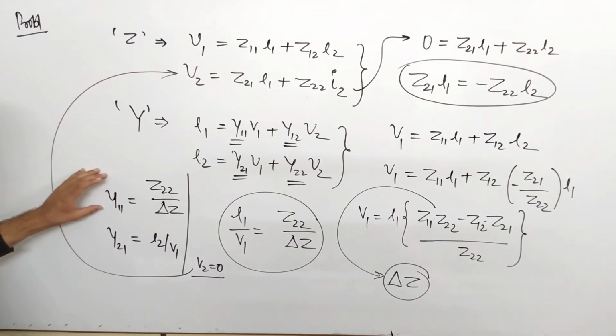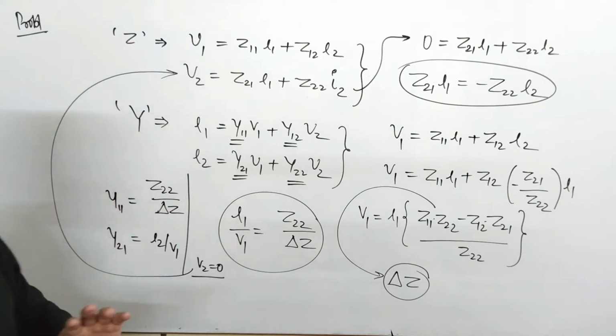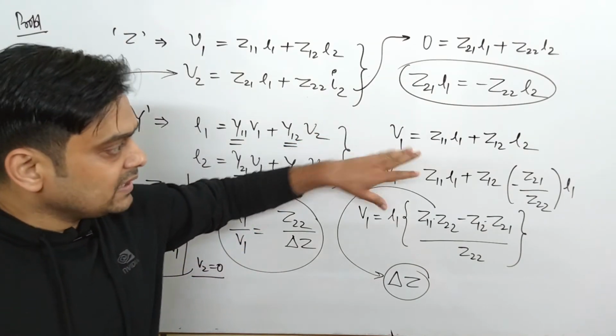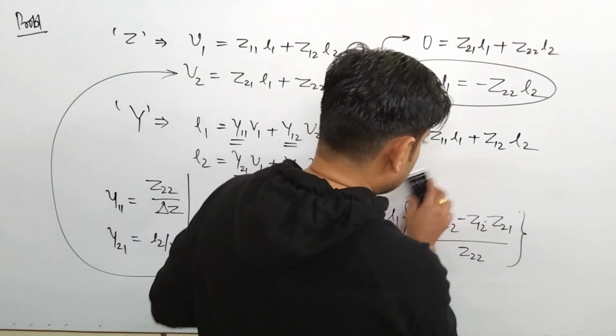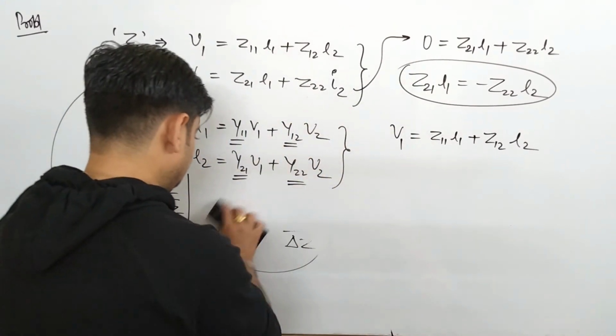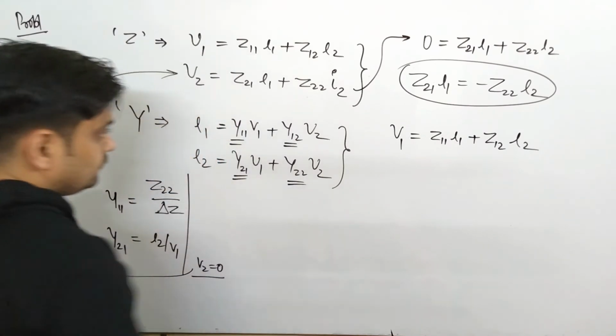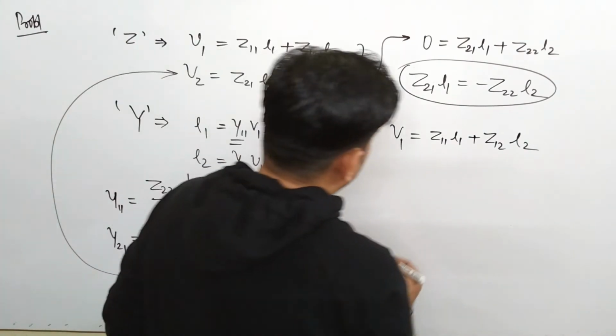This is the way we find the parameters. First we found Y11. Now we'll go for Y21. For finding Y21, you have to find the relation between I2 and V1. First we replaced I2, now we have to replace I1.